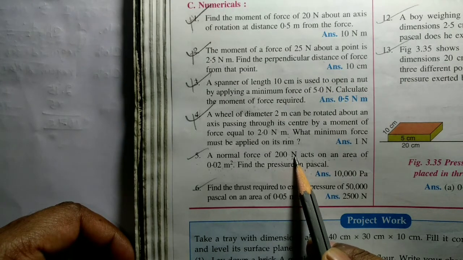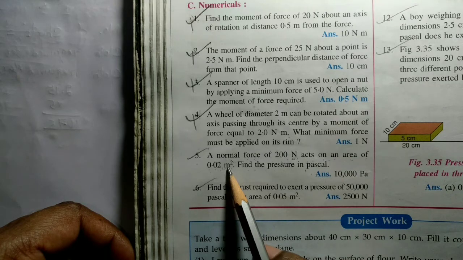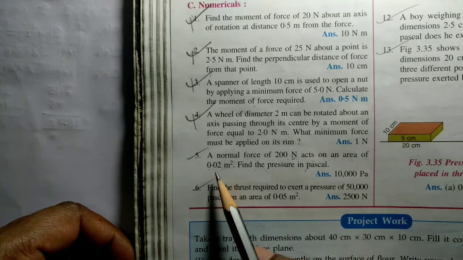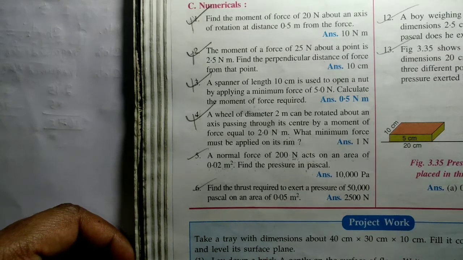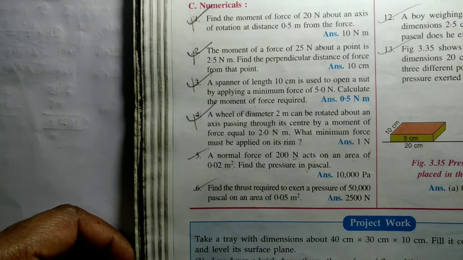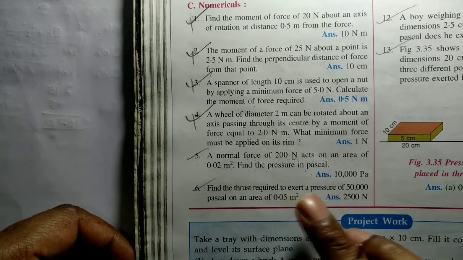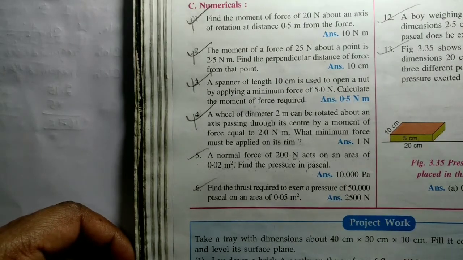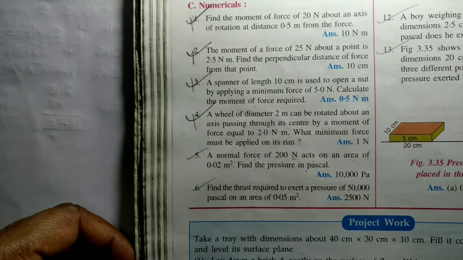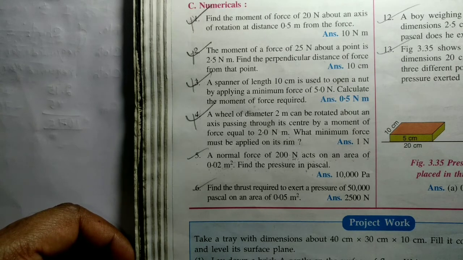Newton stands for force, so force is given, and meter square stands for area, so area is given, right? And I am supposed to find the third thing, which is pressure. The words can be twisted, the sentence can be twisted to confuse you, but they have to keep the units same. You can identify the physical quantities from their units.